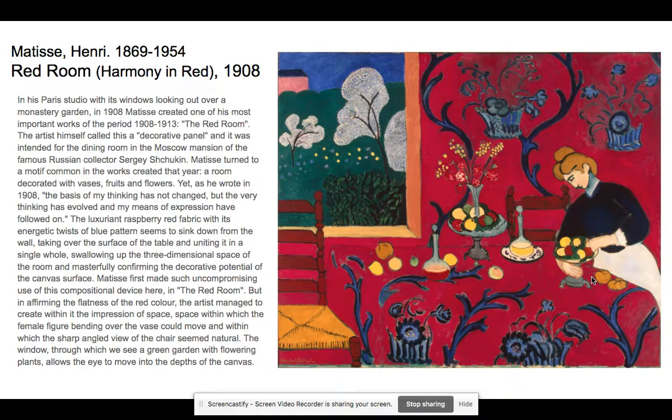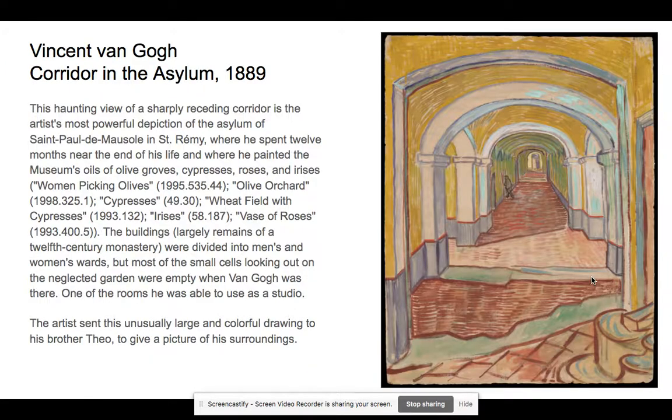Here are some examples of famous rooms done by famous artists. Here we have Matisse. We see a window, a table, and various fruits and beverages on that table. A chair. So think about what things you would include. Van Gogh: we see a rendering of a hallway in the asylum that he was staying at for a while.